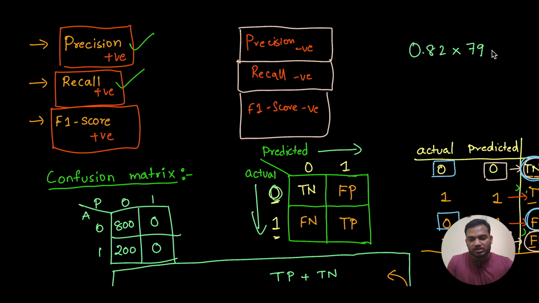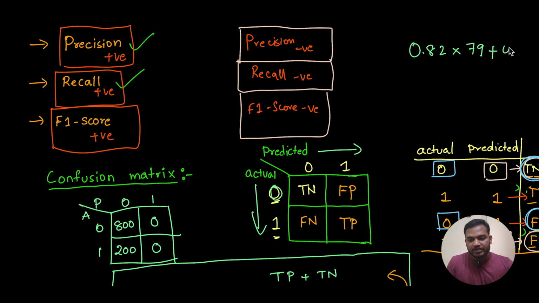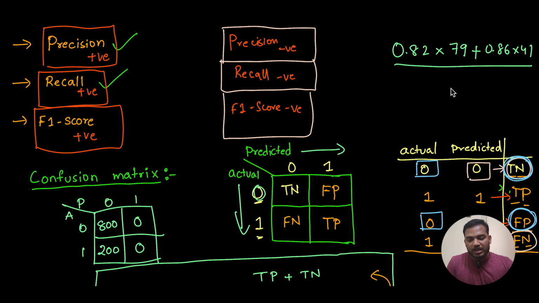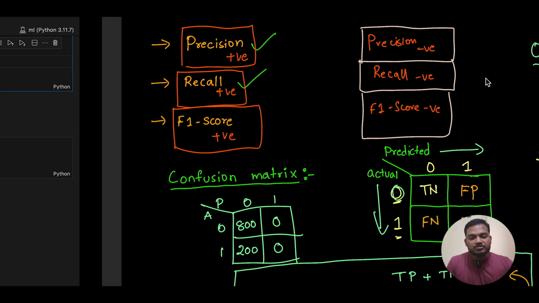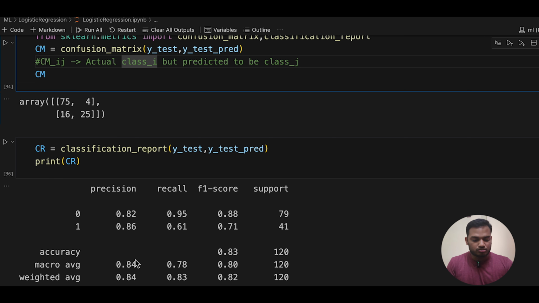So it will be 0.82 into 79 plus 0.86 into 41. In the denominator, we will have the total number of points, that is 79 plus 41, which is 120. So like this the weighted average will get calculated, whereas macro average is the exact average of these two.